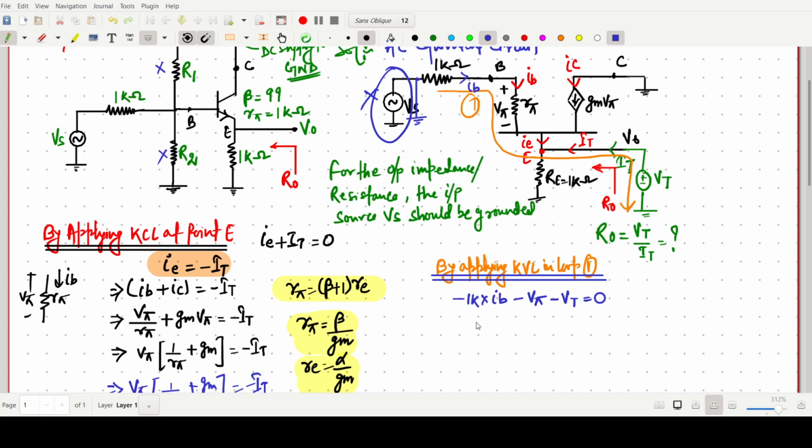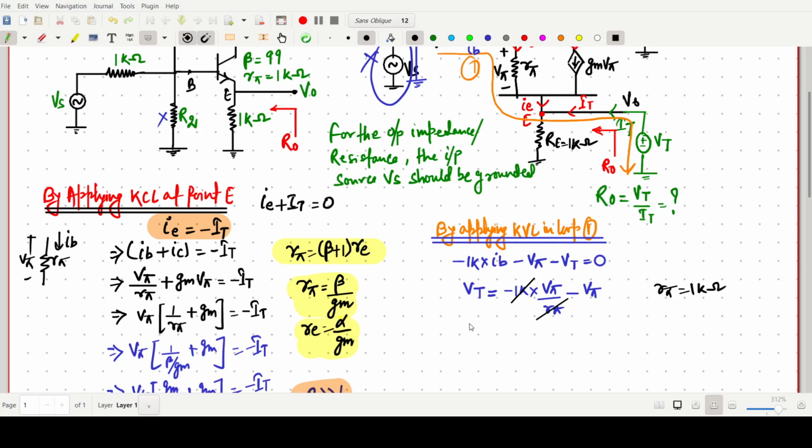So now VT can be written as minus 1 kilo times IB, and IB is V pi by R pi. This current is V pi by R pi, and this one is also minus V pi. Here it is already given R pi is 1 kilo ohm, so we can cancel this 1 kilo ohm with this R pi.